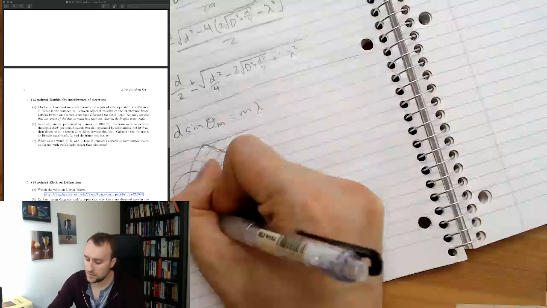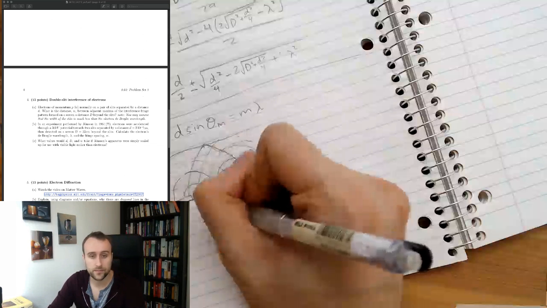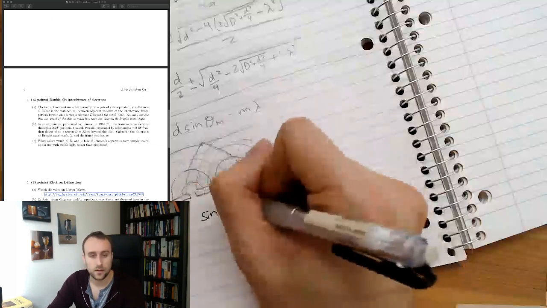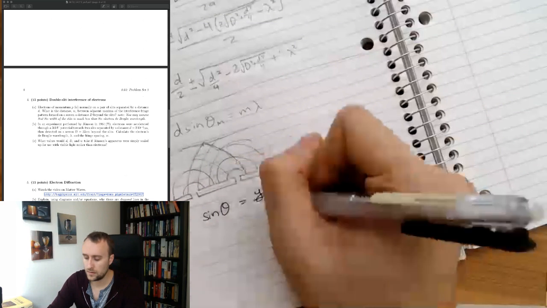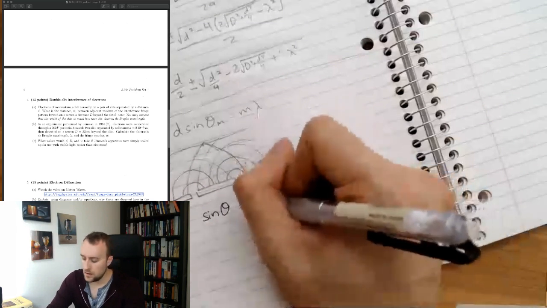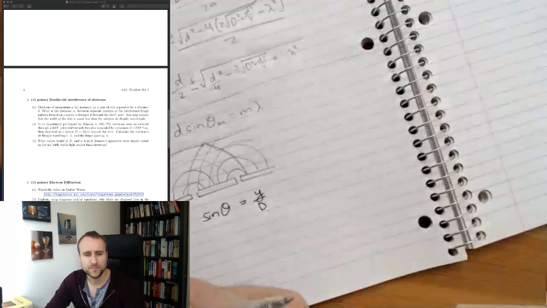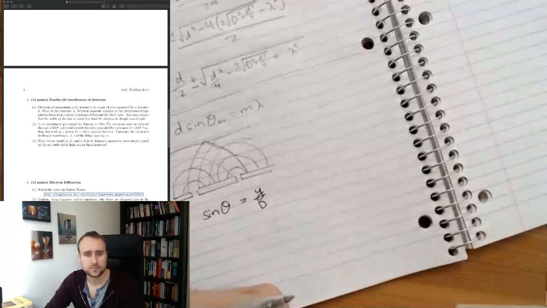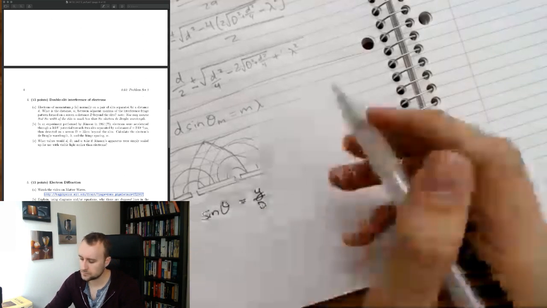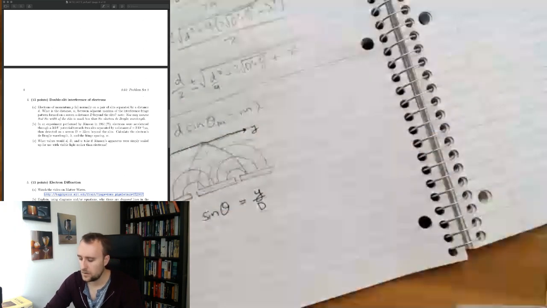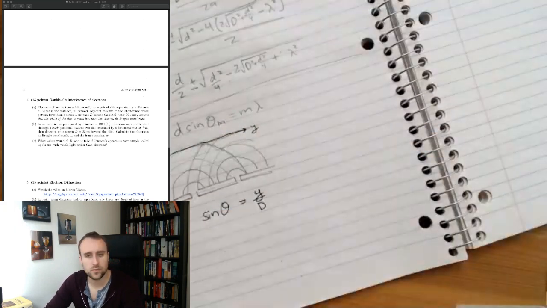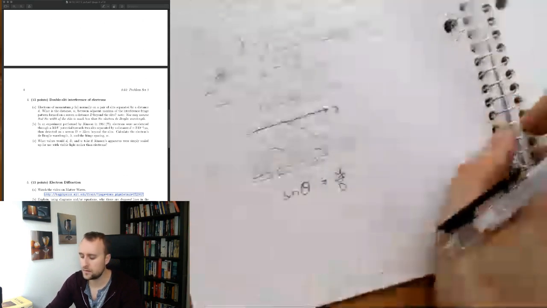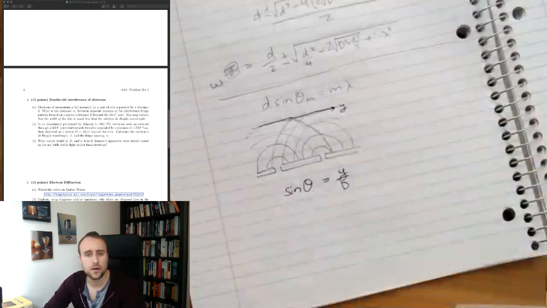Sine theta to y or d. So if we have this, what am I missing here? What do we have to do?